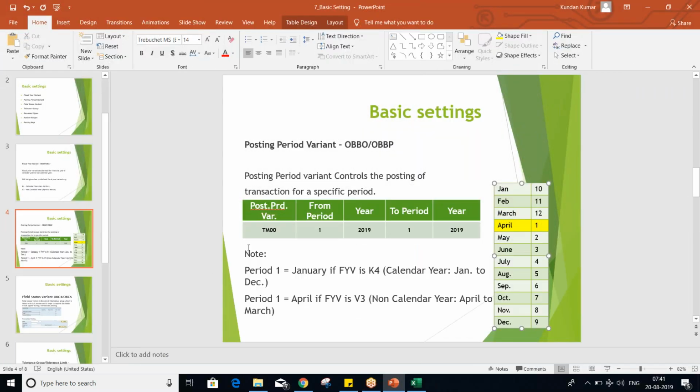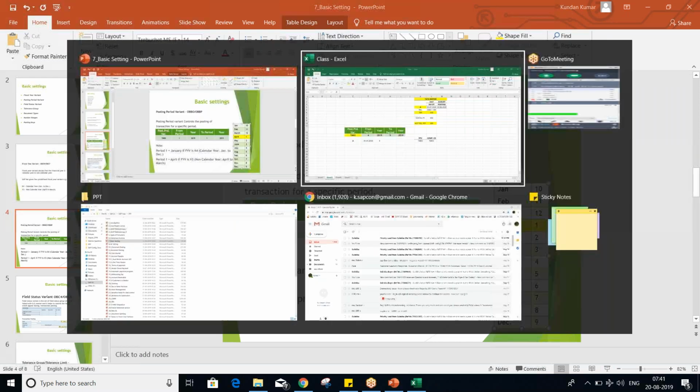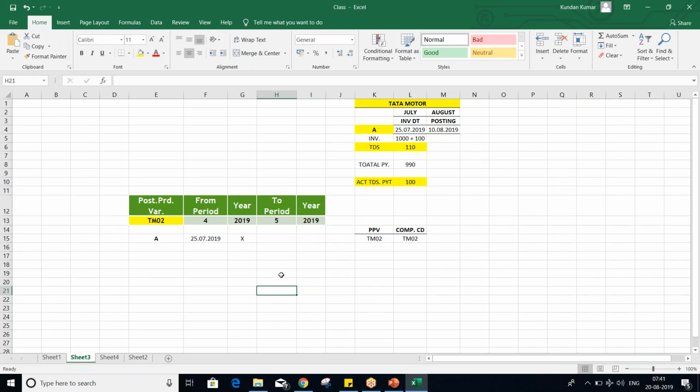Period 1, I have already explained this: if it is a calendar year, then January will be the first period. If it is a non-calendar year, for example if we follow April to March, then April is the first period.